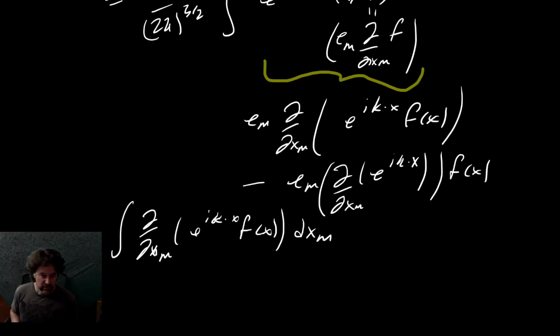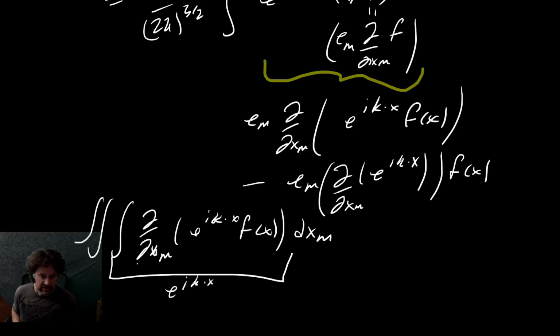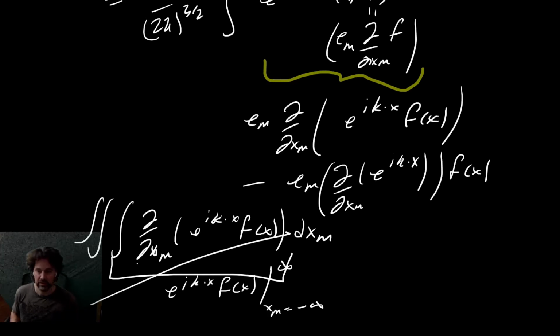And that will leave us with a double integral where we'll evaluate one of those integrands to start with, and that one will be e to the i k dot x f of x evaluated between x m equals minus infinity and positive infinity, and we presume that f of x goes to 0 at the boundaries, all the boundaries of all the coordinates. So at the edge of the infinite sphere, f of x vanishes. So if that's the case, this whole term is killed, and we are left with just this contribution.